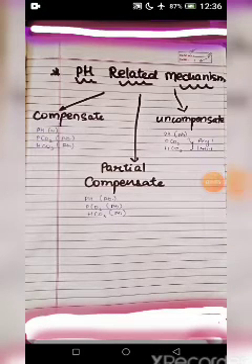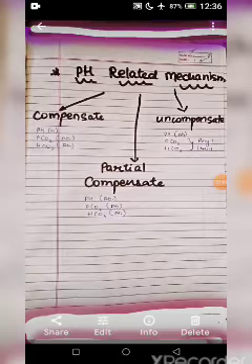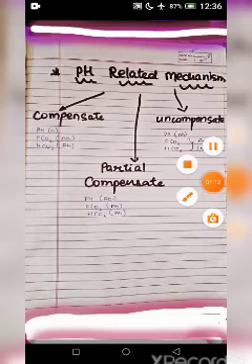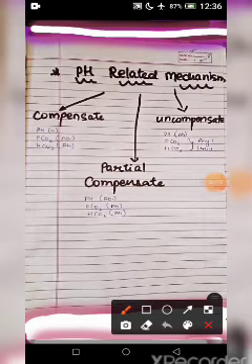Now come to the main point, that is the pH-related mechanism. If this is understood, we will solve all the MCQs. There are three mechanisms: compensated, partially compensated, and uncompensated mechanism.